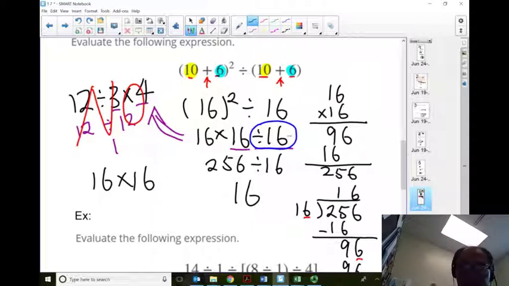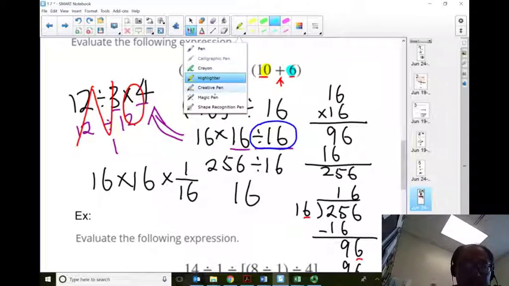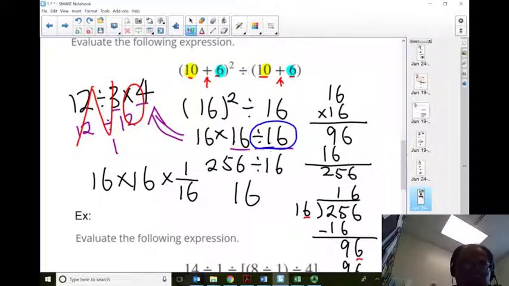Division of a fraction means times the reciprocal. So that's the same thing as saying times 1 over 16. Because 16 divided by 16 means divided by 16 over 1. So division of a fraction means times the reciprocal.